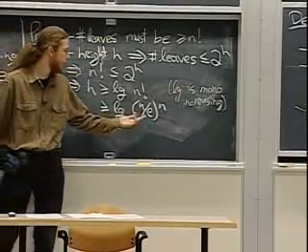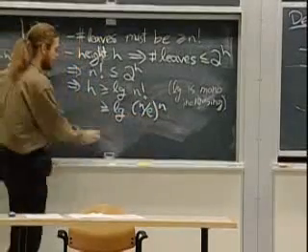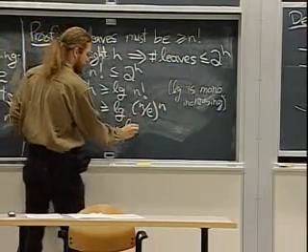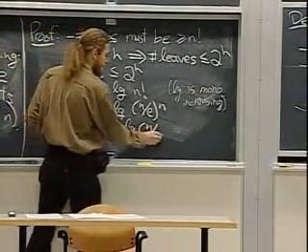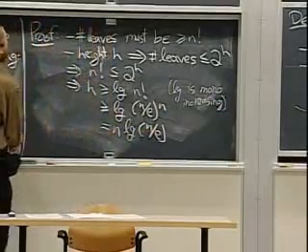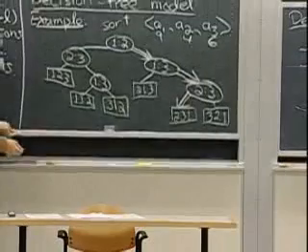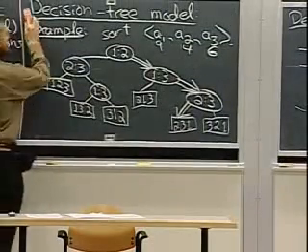Now I can use properties of logs to bring the n outside. So this is n times log of n over e. And then log of n over e I can simplify.